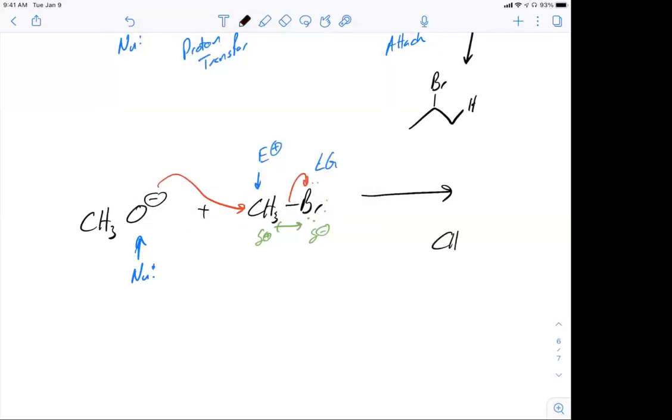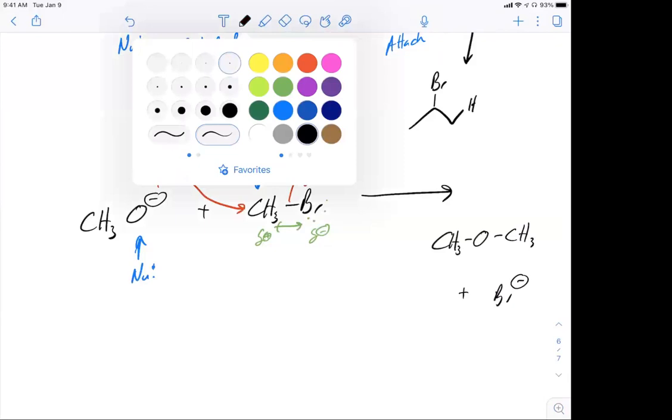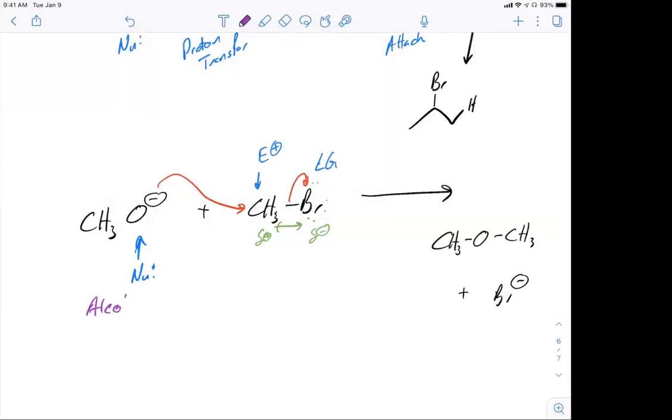And I can predict, based on nucleophiles and electrophiles, that this is my product. I've turned this alcohol into an ether. Okay. Questions? And this one, let's name these things, this is a nucleophilic attack.